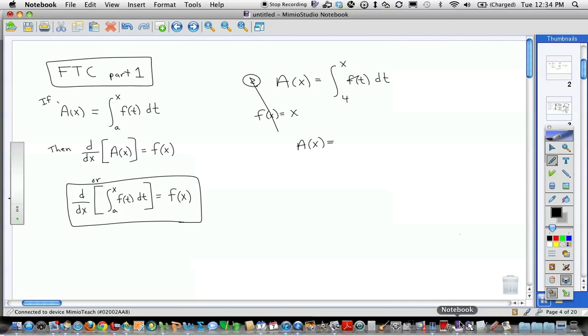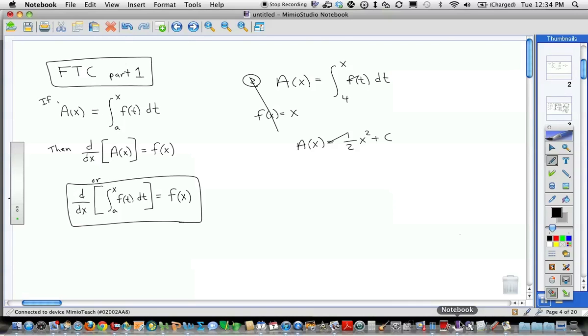When you see an area function like this, you think antiderivative. And so the antiderivative of little f would be what? What's the antiderivative of little f here? 1/2 x squared plus c.